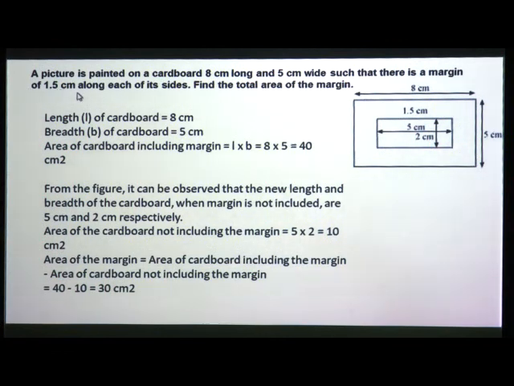This type of thing you see in a photo frame. So, the margin is 1.5 centimeter around the picture along each of its sides. Find the total area of the margin. In the previous session we solved this type of problem, so similar steps we have to use.